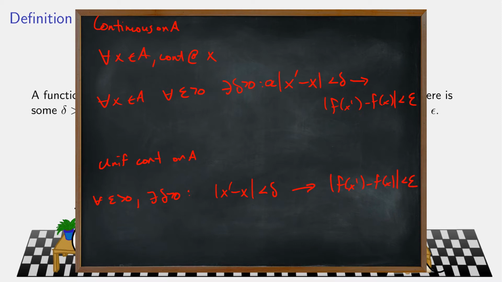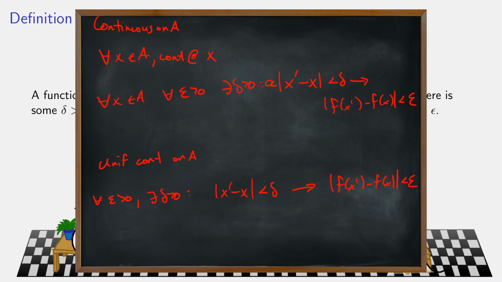So here's the difference. It's in the order in which the quantifiers appear. To be continuous on A, for any choice of x, there exists an epsilon, and for any epsilon, there exists a corresponding delta. So first you pick an x, pick an epsilon, then you get a delta. Here, given any epsilon, pick a delta so that for any 2 x's, such and such.